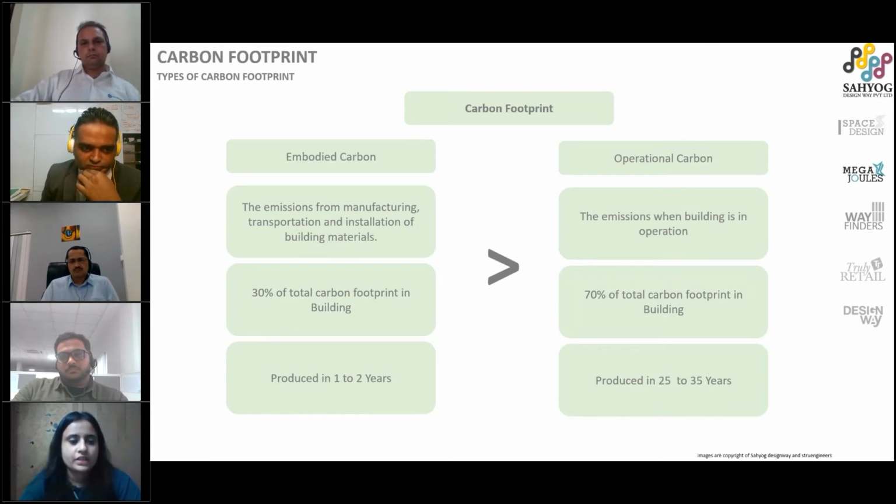Embodied carbon generally accounts for 30% of the total carbon footprint, which is produced in just 1 to 2 years, and the remaining 70% is produced over 25 to 35 years during the usage of a building. So per year, embodied carbon is more, so we need to focus more on it.